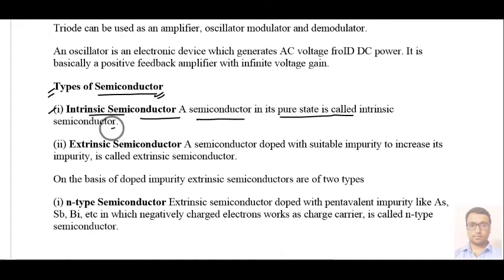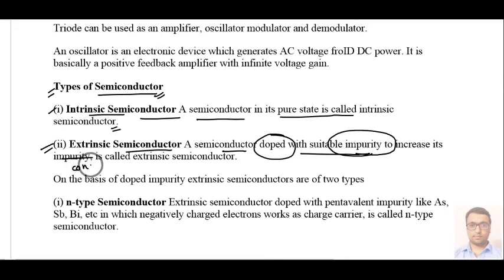Then we have the extrinsic semiconductor, which is impure, or doped. Doped means mixing, and what we mix in it is some kind of impurity to increase its conductivity. Why do we add this impurity? Because we have to increase its conductivity, and such semiconductors are called extrinsic semiconductors.